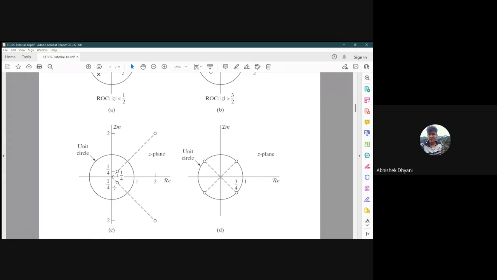In this part, we have an FIR system because there are only zeros. We see that the zeros are present in complex conjugate pairs as well as their reciprocals. So the reciprocal of this pair is these two outside. So clearly, this is a zero phase system.